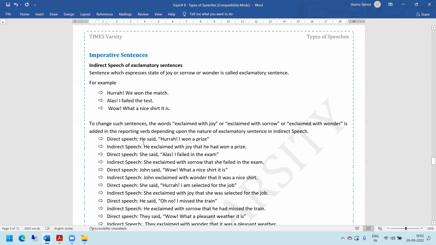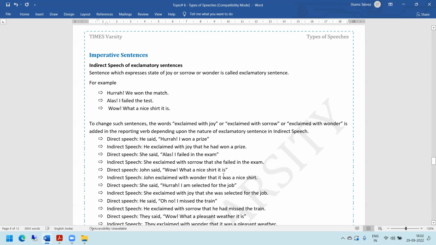For example, he said, hooray, I won a prize. He exclaimed with joy that he had won a prize. Alas, I failed in the exam. She exclaimed with sorrow that she failed in the exam. Okay.